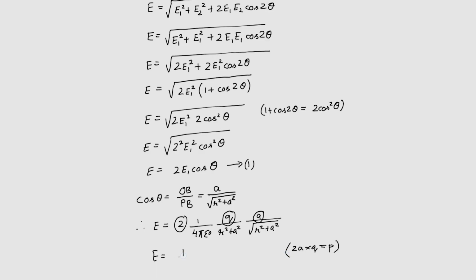So I can write here 1 divided by 4 pi epsilon naught, P divided by R square plus A square into root over R square plus A square.